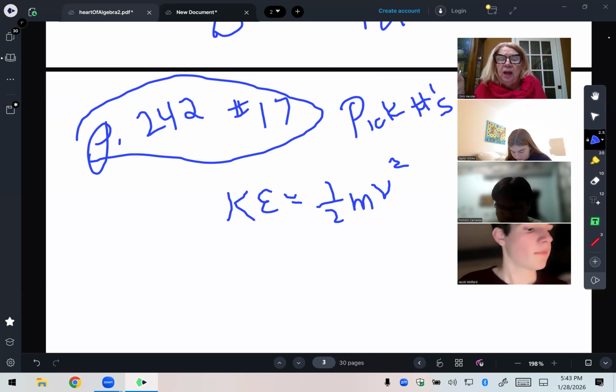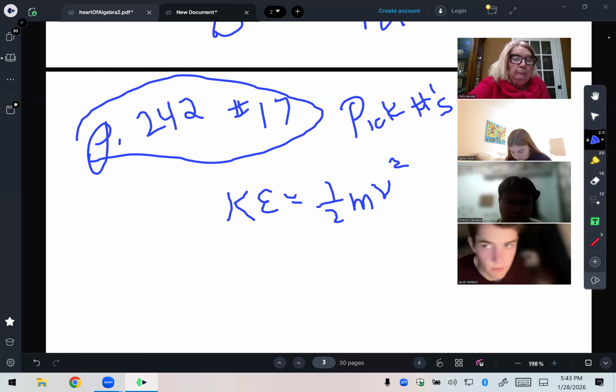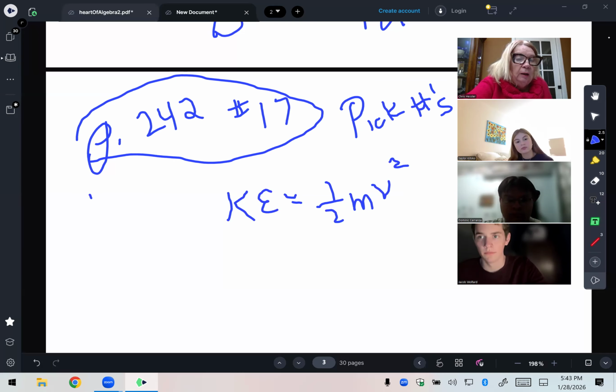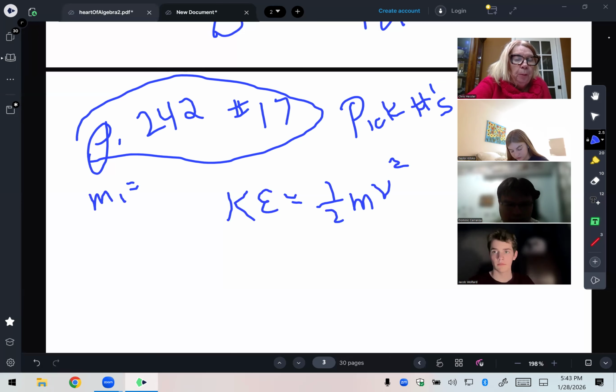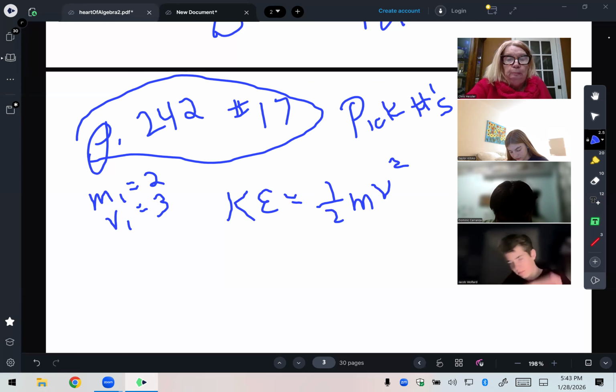Well, instead of doing the algebra, let's pick numbers. M1, M2, V1, V2. So we're going to call M1 2, and I'm going to call V1 3. Just simple, easy numbers, because I don't want you to be stymied by this kind of problem.